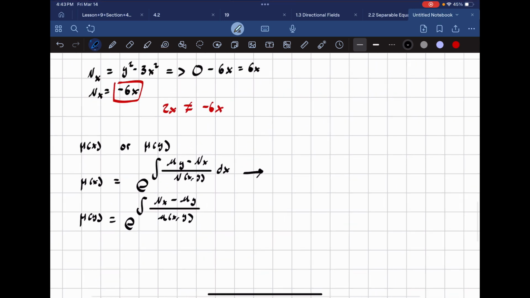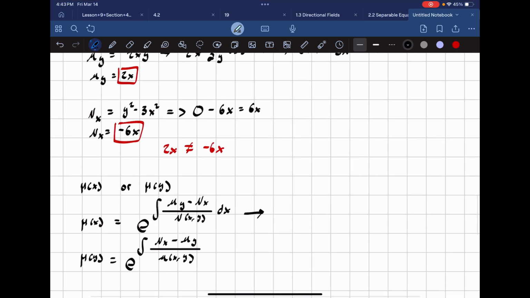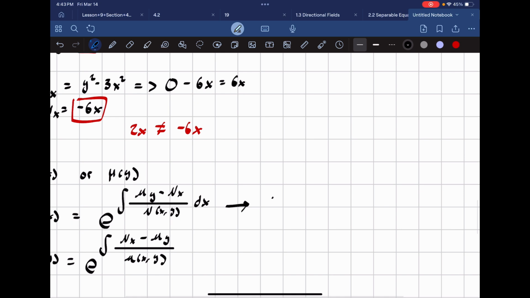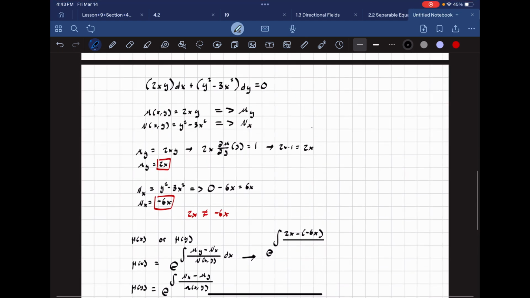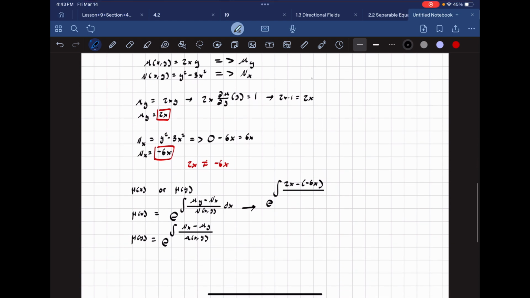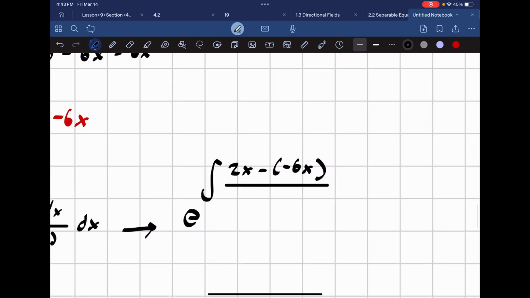So we have what M_y is, 2x. So e to the integral of 2x minus negative 6x, all over the N function, which is y squared minus 3x squared, dx.